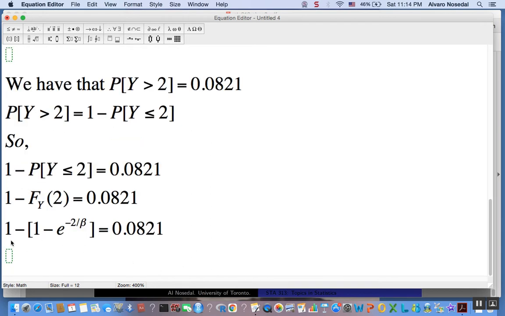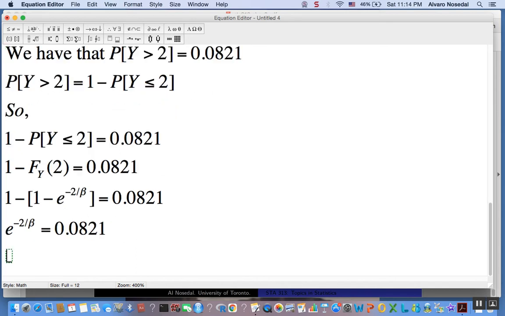The 1 minus 1 cancel out. We have e to the negative 2 divided by beta equal to 0.0821. Now what we have to do is just apply natural log on both sides.